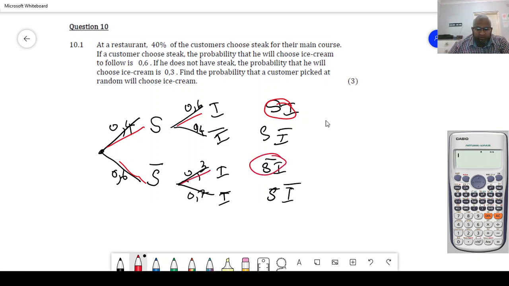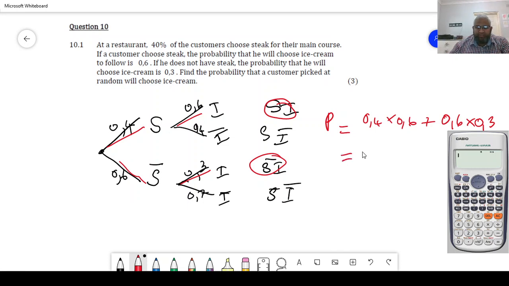So the probability will simply be 0,4, which is steak, times ice cream, 0,6, plus the probability that it is not steak and ice cream, so 0,6 times 0,3.